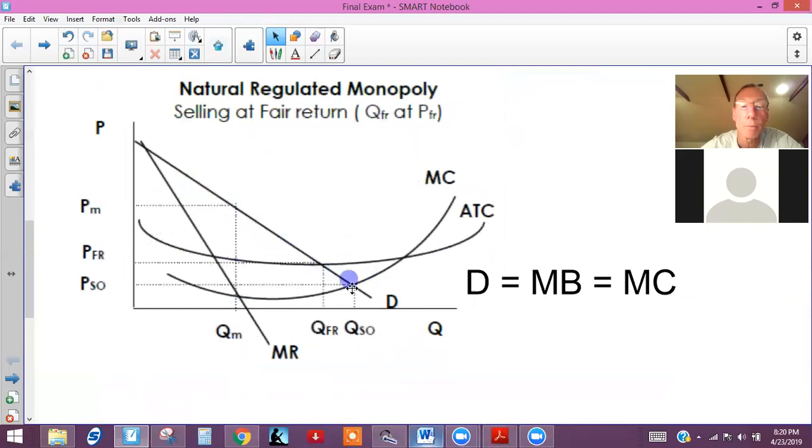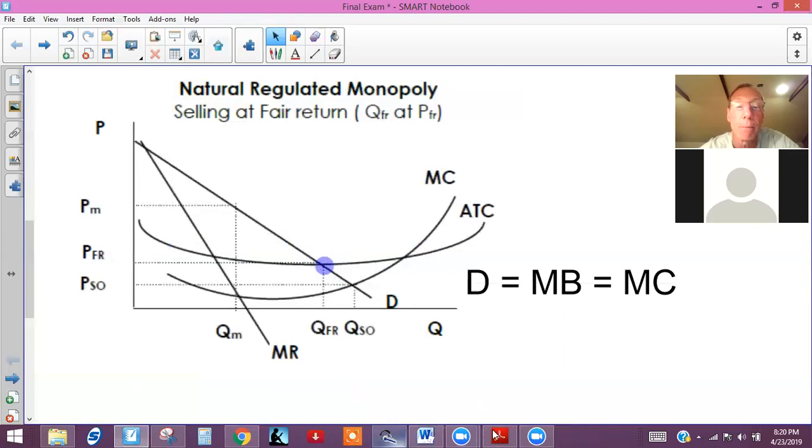No, PFR to QFR. You're right. The allocative efficiency is where marginal cost equals demand, way down here. Productive efficiency is where average total cost equals demand, or price, right here.